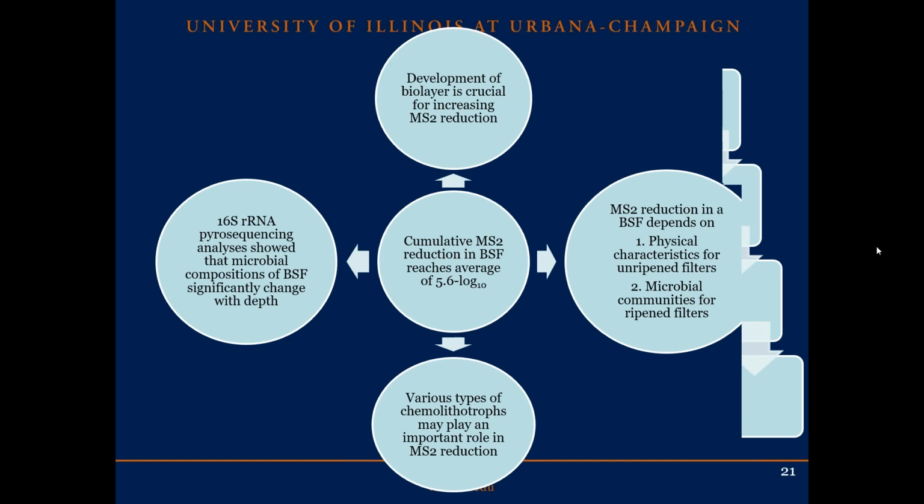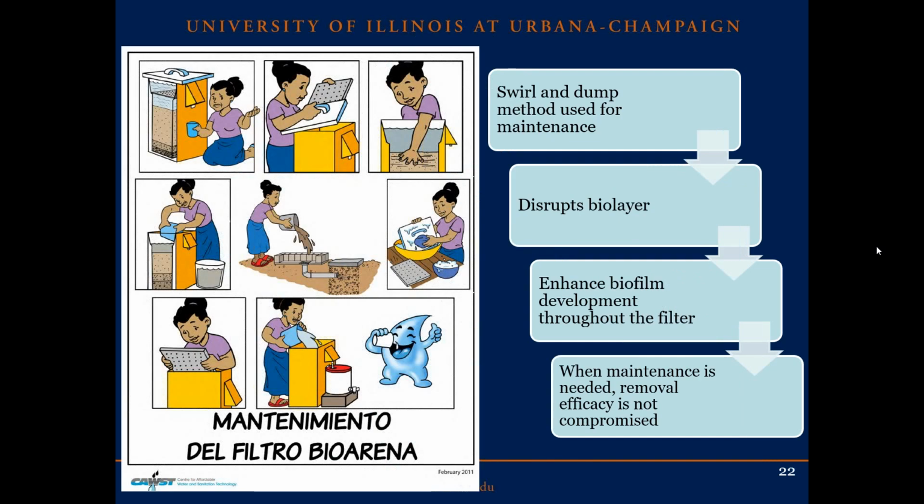We also saw that 16S rRNA pyrosequencing analysis showed that microbial compositions of biosand filters change significantly with depth, and that various types of chemolithotrophs might play an important role in MS2 reduction, but that needs to be further studied.